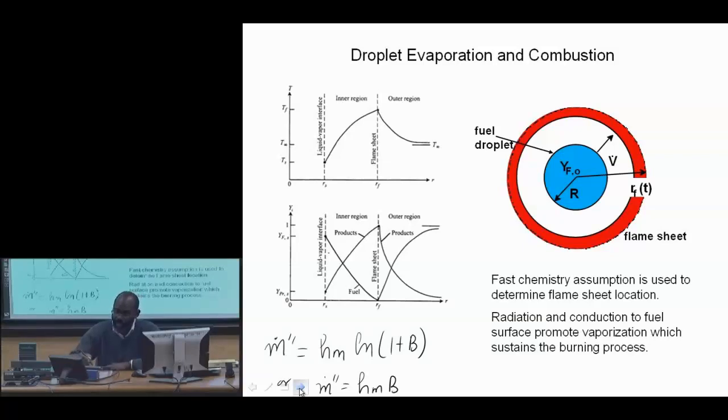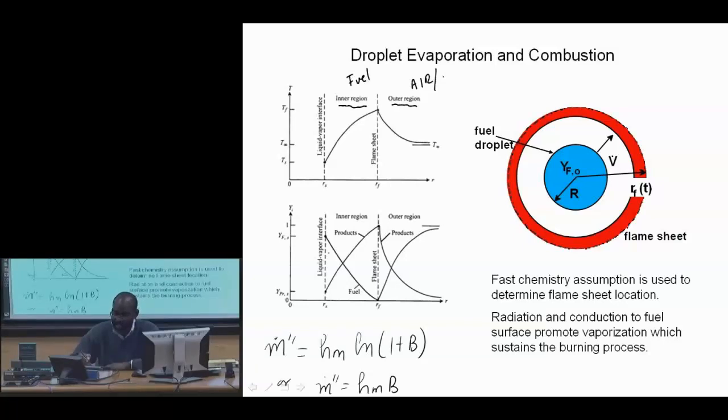In terms of the temperature profile, we understand that there's a temperature on the inner region, so this inner region is the fuel region, and that in the outer region the temperature relaxes to T infinity, so this is the air/oxidant region. We understand that the fuel mass fraction decays to 0 at the flame sheet.